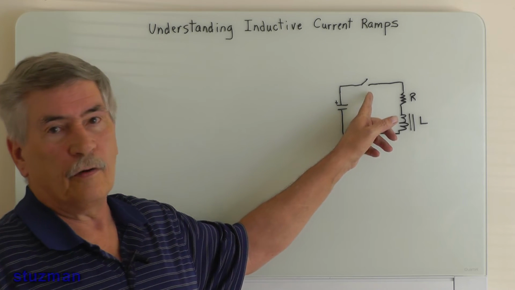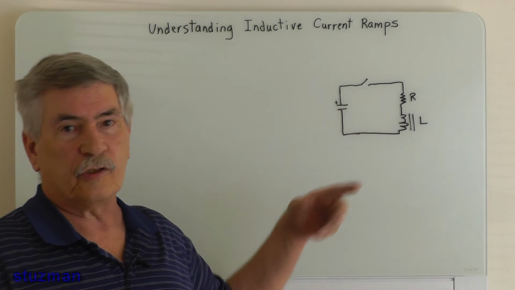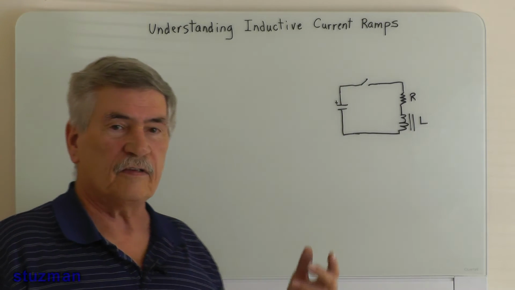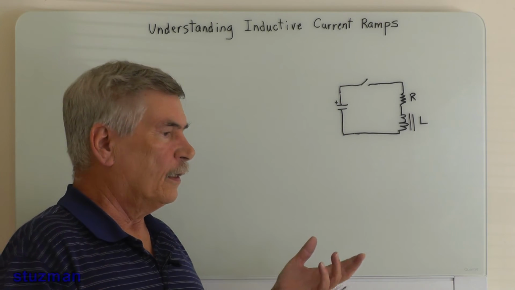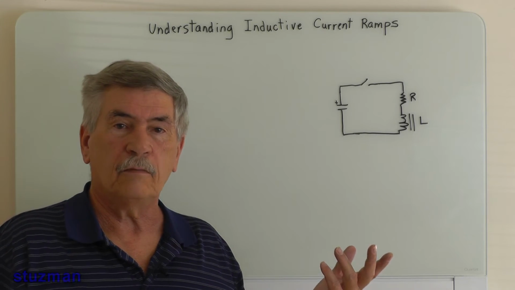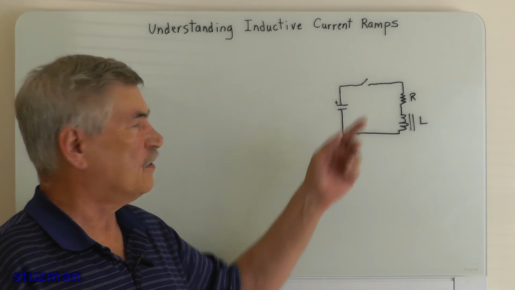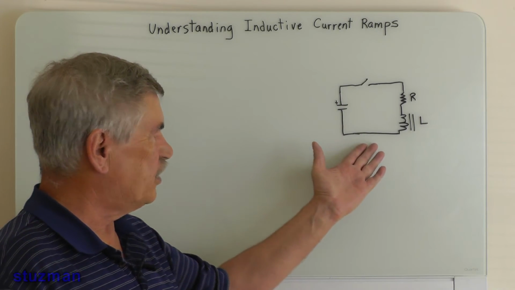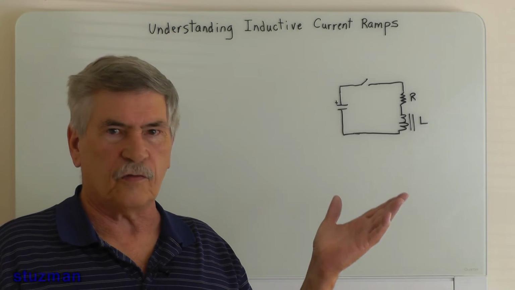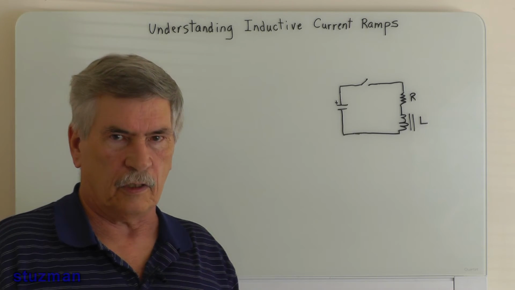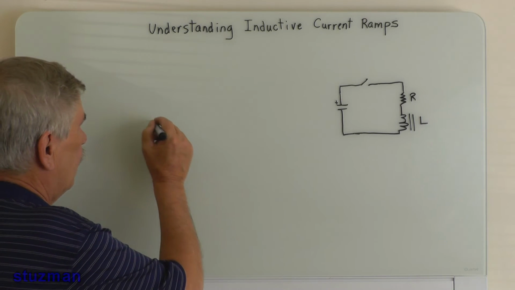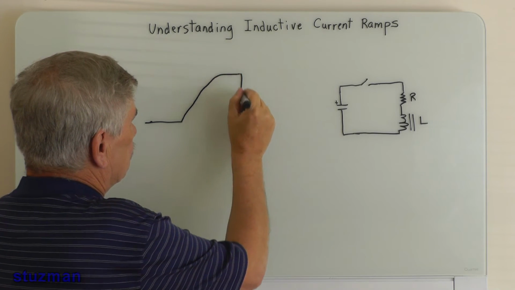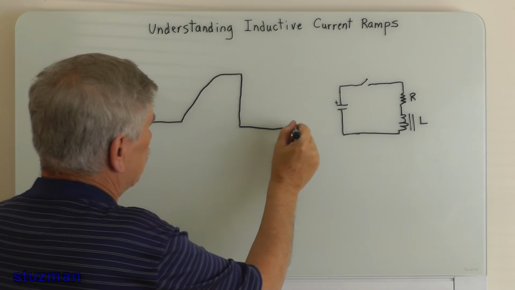Now, typically a fuel injector is switched on the ground side. I'll show it over here on the positive side, but just to conform to what we did earlier, I'm going to keep the switch on the positive side. It does not make any difference, okay? If we had a switch down here, it would be the same thing as far as the results of our calculations. Now, we had our waveform, okay?